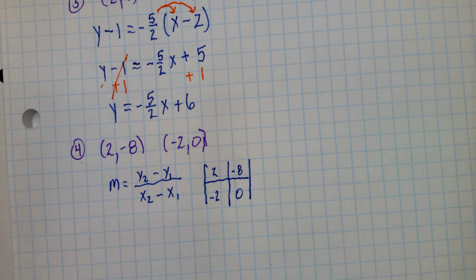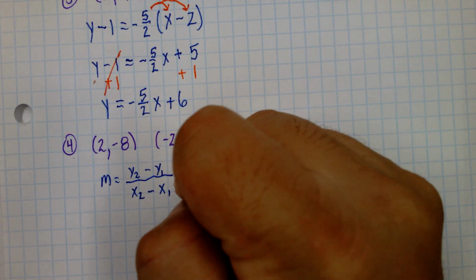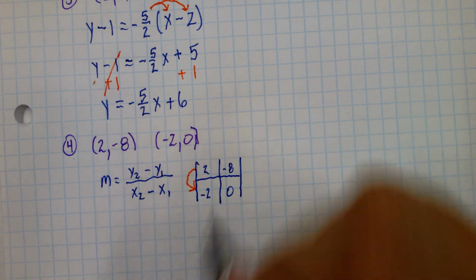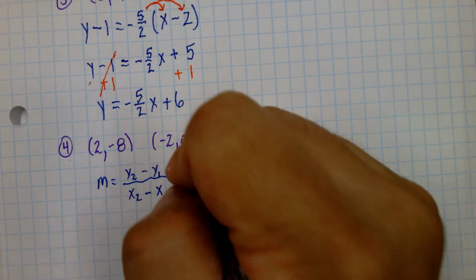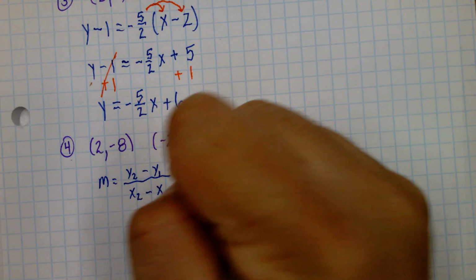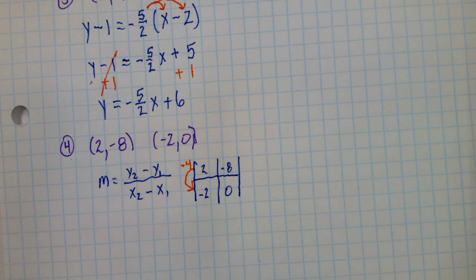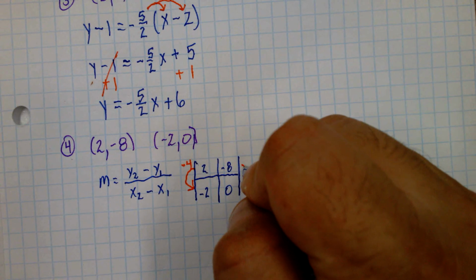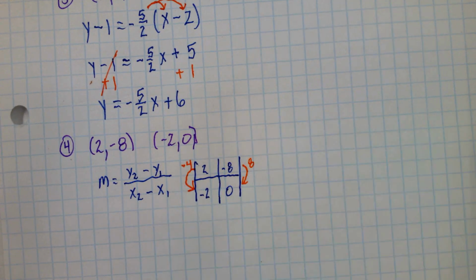And let's just check for the change. So if I'm going from positive 2 to negative 2, what's my change? Negative 4. If I'm going from negative 8 to 0, what's my change? 8. Okay.